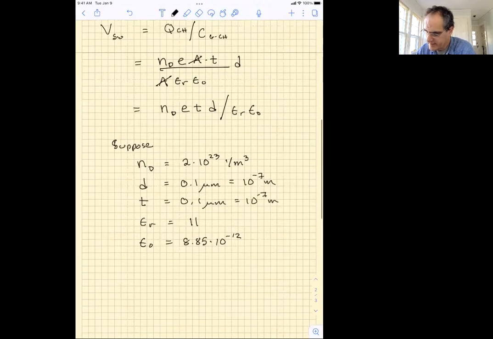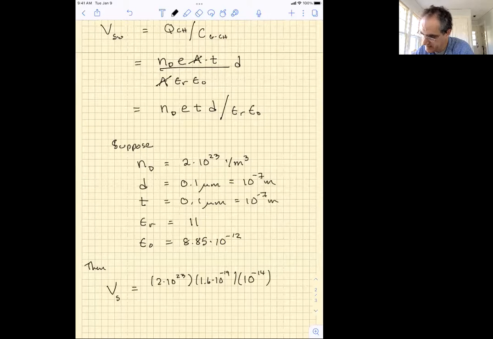Then we can put in numbers to figure out what the voltage is. The switching voltage then should be, well, we'll just put in the numbers, 2 times 10 to the 23rd. I'm going to leave out the units, otherwise I'll completely cover this page, times 1.6 times 10 to the minus 19, times 10 to the minus 7, times 10 to the minus 7 again.